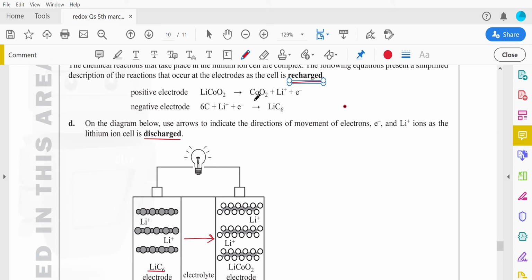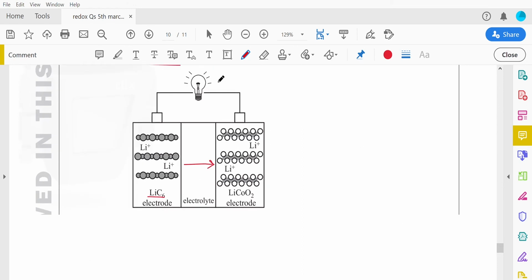So when you reverse it, going the opposite way, this lithium graphite electrode is giving away electrons, and this lithium cobalt oxide electrode needs to gain electrons to go through this process during discharging. So electrons must be flowing this way. Okay.